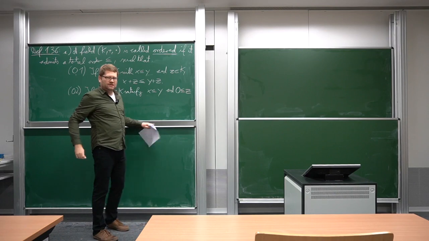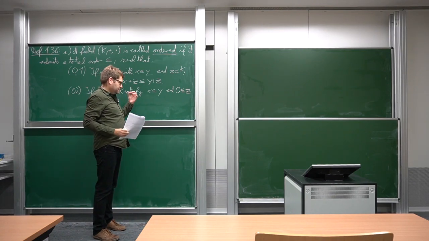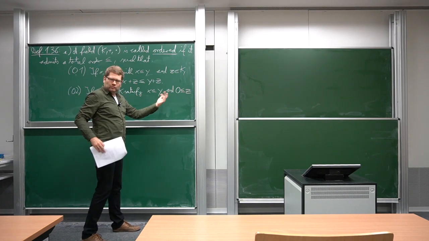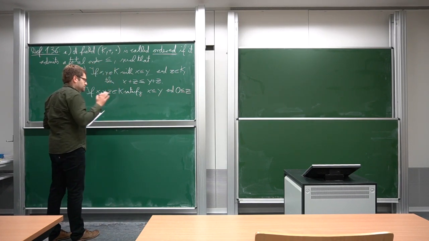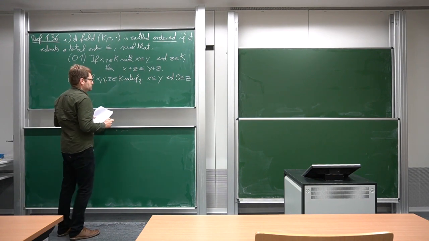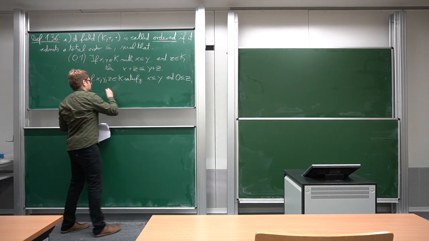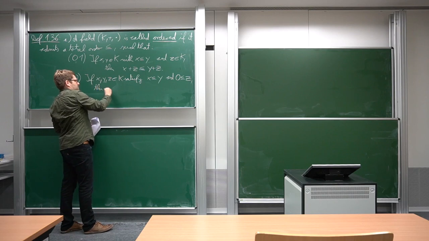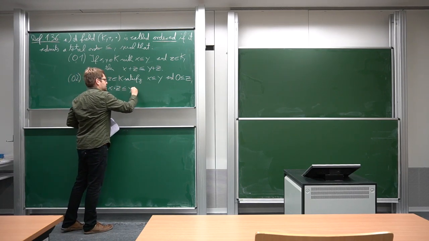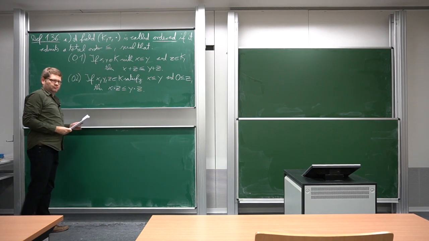So 0, again, as abstractly as the neutral element of addition, and so we want z to be in this relation, which you would call in real numbers a non-negative number. I will formalize this in a second. So if this holds, then we want that multiplication with z doesn't change the order, which means x times z should be smaller than or equal to y times z in this situation.